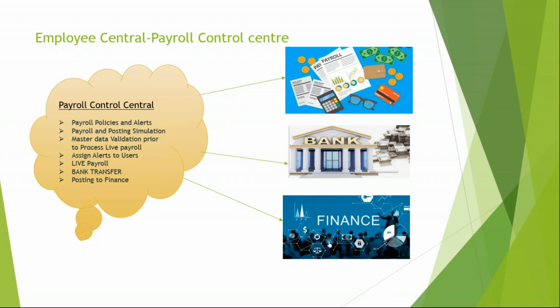You may have two or three users, so you can assign the alerts to them, asking them to please take care of these alerts. Alerts are nothing but a ticketing process. You can assign the alerts to another payroll admin who can validate and reconcile, and they can resolve it through the payroll control center itself.